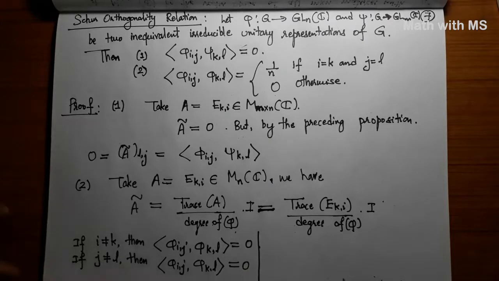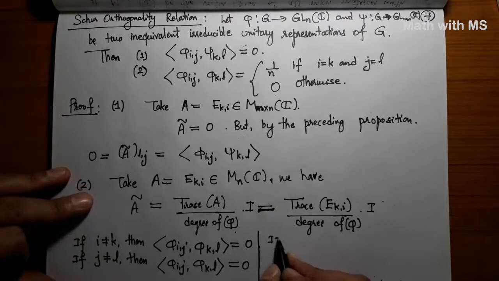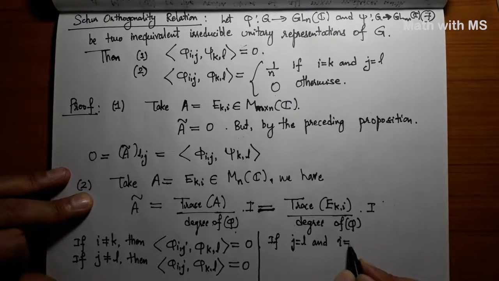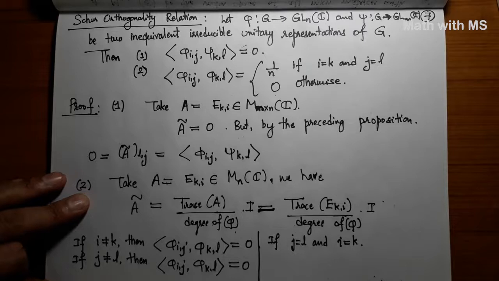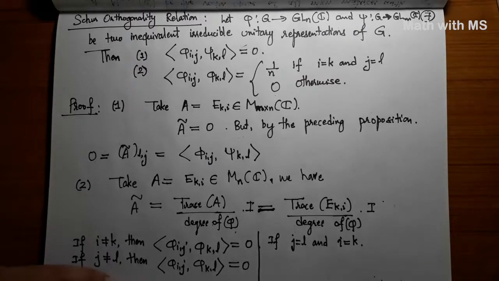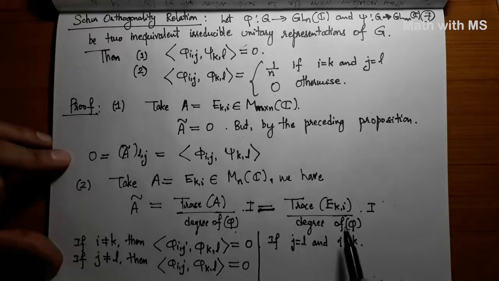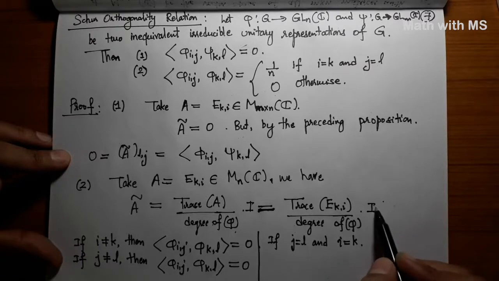So what is the case left? The case left is if J equals L and I equals K. What happens in this case? In this case, if K is I, then E_KI has 1 on the diagonal and therefore the trace becomes 1. Degree of the representation is n, of course, in all cases. And if J is L, then the diagonal entry here is also 1.